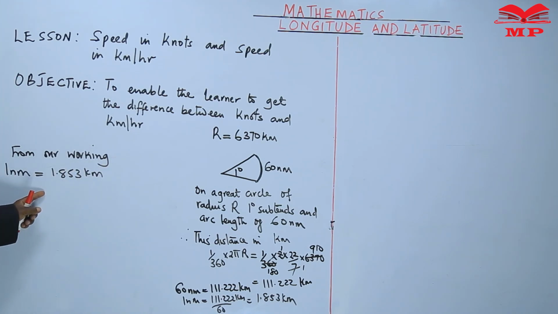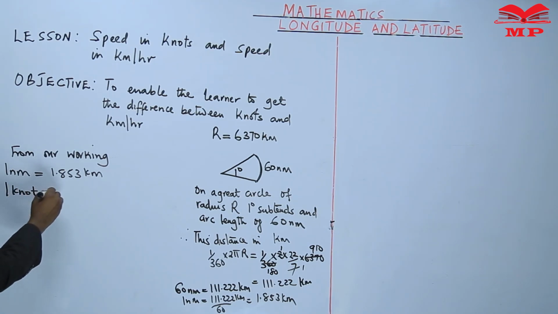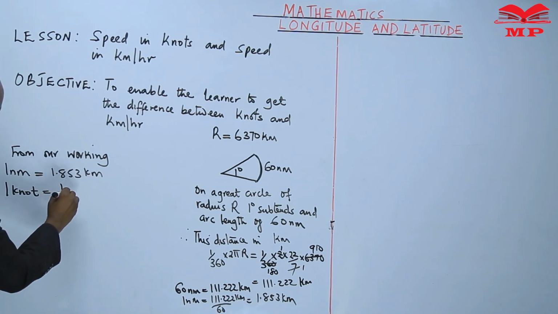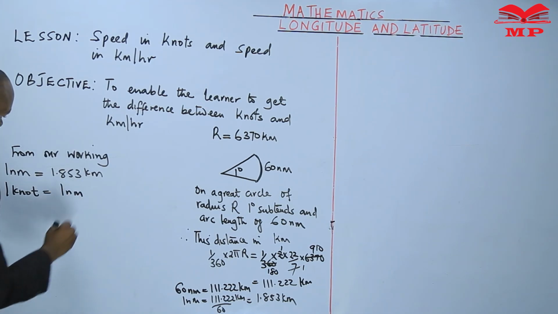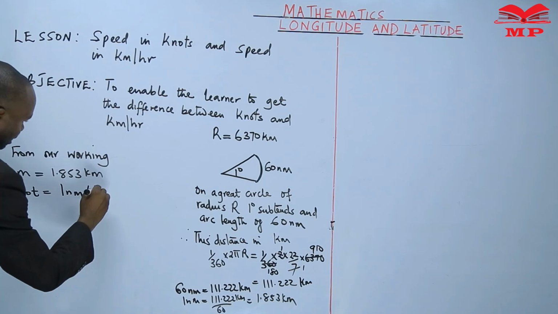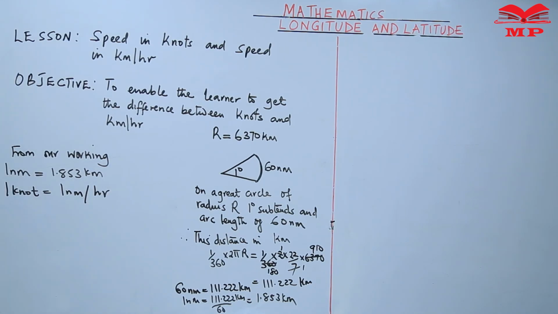From there, it is very easy to relate these. You are told 1 knot is equal to 1 nautical mile per hour.